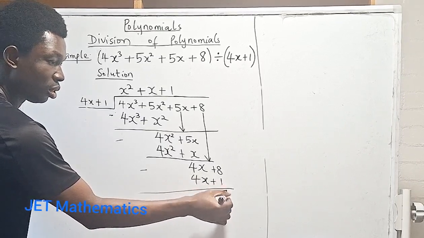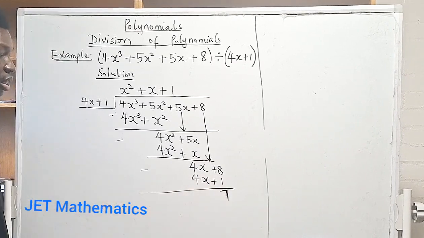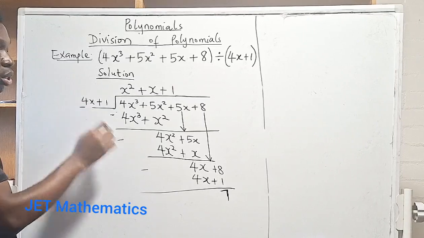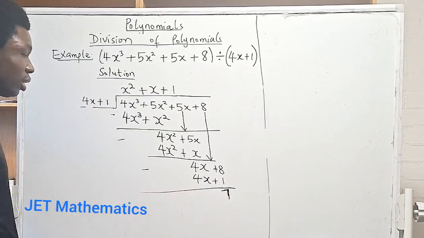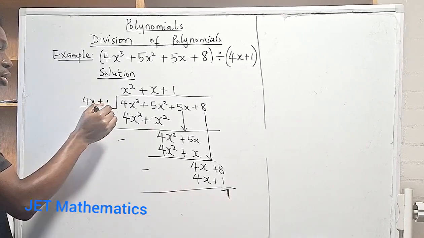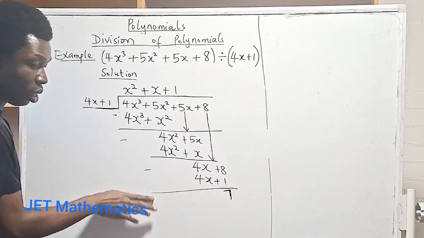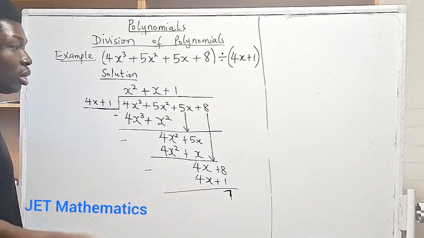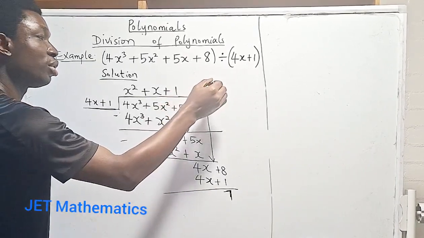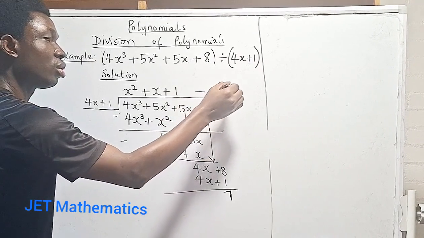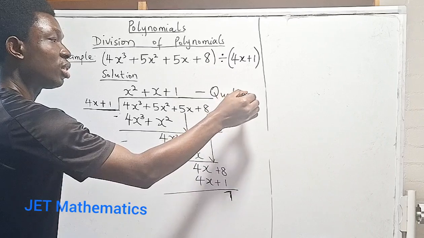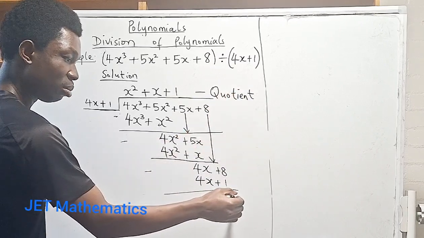So 7 is now the remainder. This is a linear term, so the remainder is a constant term. Okay, so this is the remainder, 7. And so remember, this becomes the result, the quotient. This is the remainder.